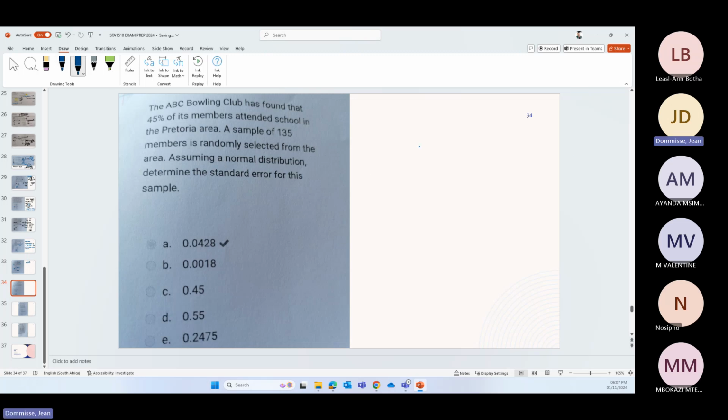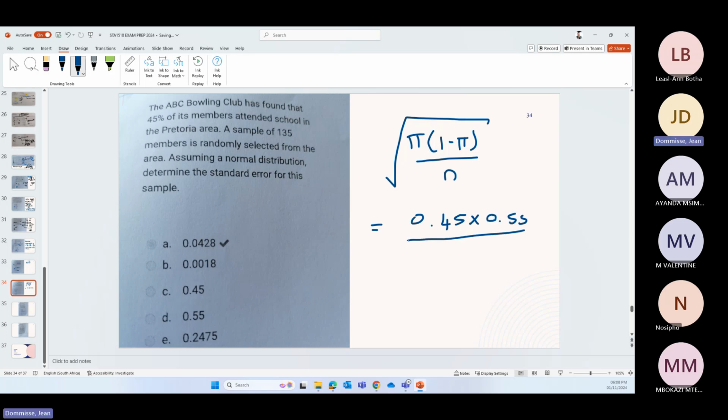Okay, so the standard error of proportion is this formula. So we have 0.45 times 0.55 divided by 135, and the square root of that.